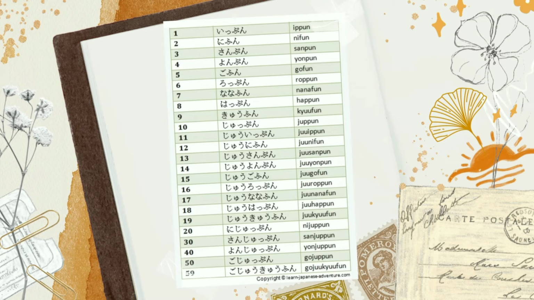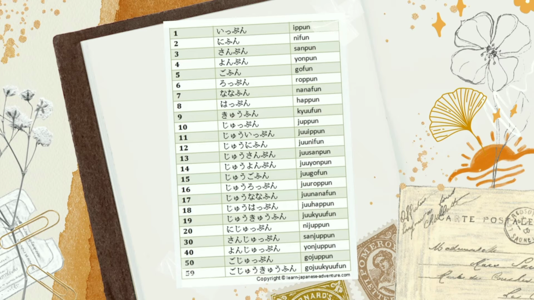The rest are pronounced as fun, F-U-N. As the pronunciations are the same, the minutes from 21 to 29, 31 to 39, 41 to 49, and 51 to 58 are omitted in the table.